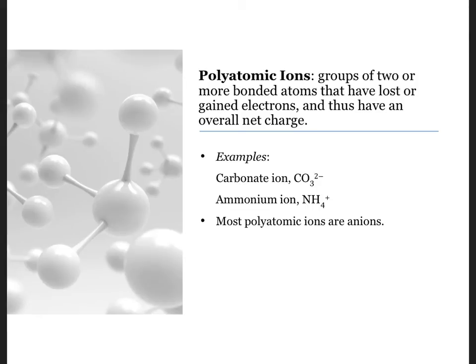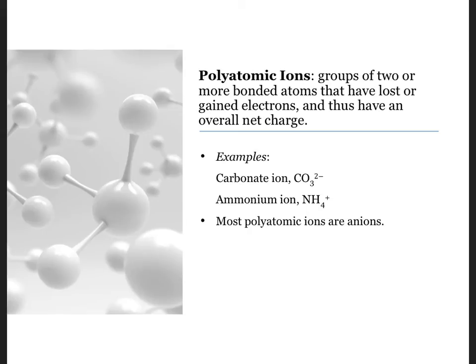Polyatomic ions are groups of 2 or more bonded atoms that have lost or gained electrons, resulting in an overall net charge. For example, the carbonate ion, CO3 2-, has 1 carbon atom bonded to 3 oxygen atoms. It's gained 2 electrons for a -2 charge overall.